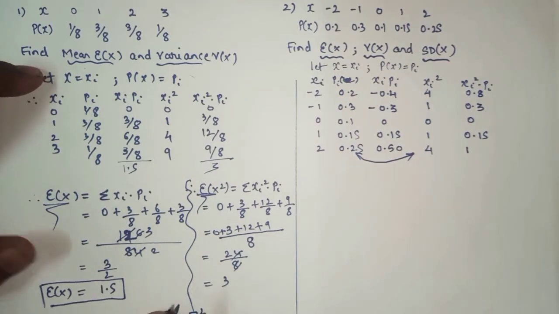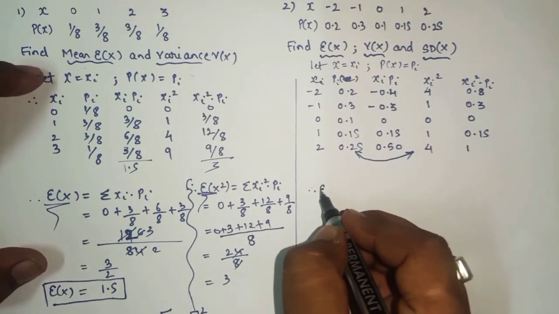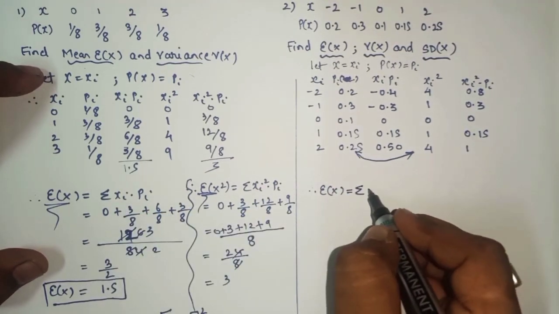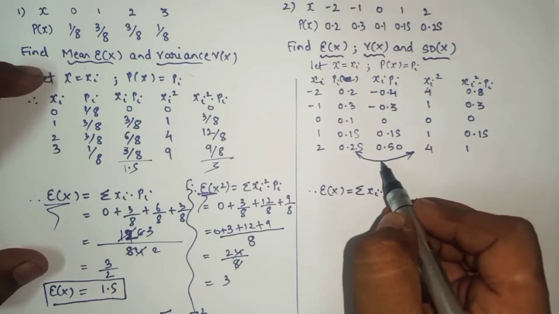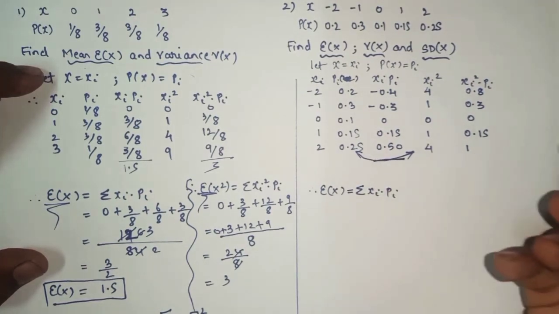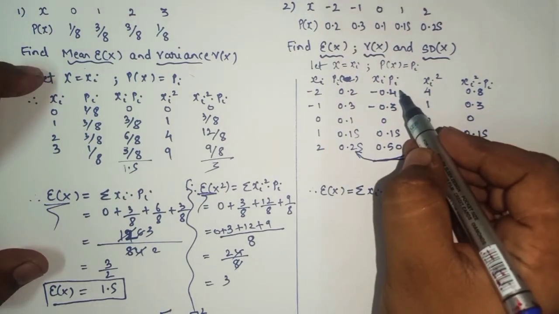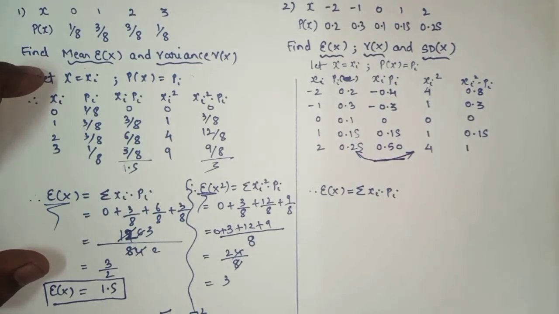After that, the first step is we have to find E of x. To find E of x, what is the formula? Total of xi and pi. So here we have to find the total of xi pi. Here we have two positive numbers and two negative numbers. Yes or no?